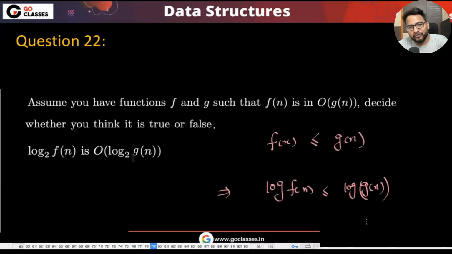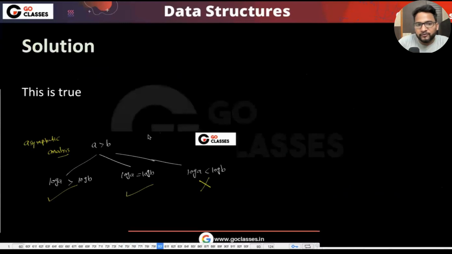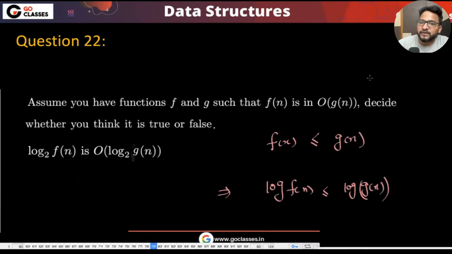And like we have seen in the class also, if some function is greater, then after taking log, it cannot be lesser, first of all, right? It must be greater only. So if Gn is greater before log, then after log, it is greater.